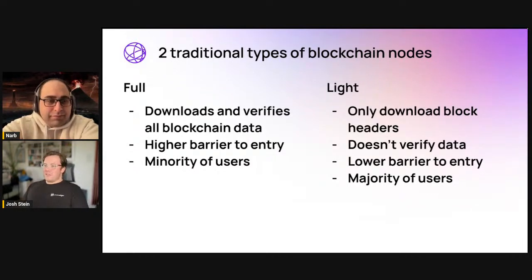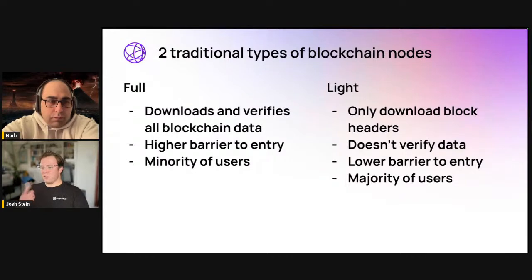There's two traditional types of blockchain nodes in the blockchains that we know today. A full node downloads and verifies all of the blockchain data. So it's downloading all of the transactions, making sure that all the state transitions are valid, and basically re-executing all of those. And that happens every block.